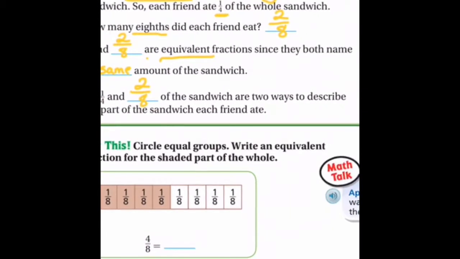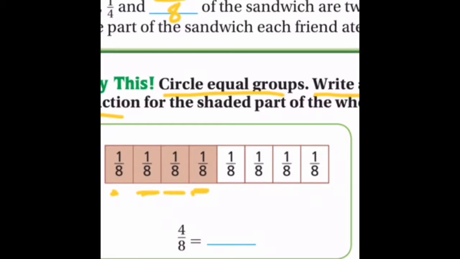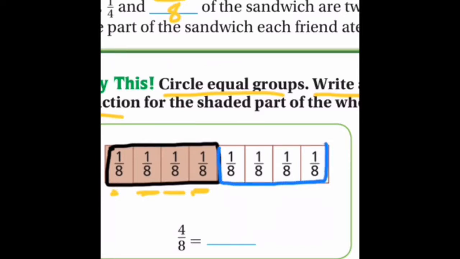Okay. Try this. Circle equal groups. Write an equivalent fraction for the shaded part. So here we have 4 eighths. They shaded in 4 eighths. 1, 2, 3, 4. But if we look at it in different groupings, we can look at the shaded part right there and the unshaded part. Each side has 4 eighths in it, right? So they're equal.